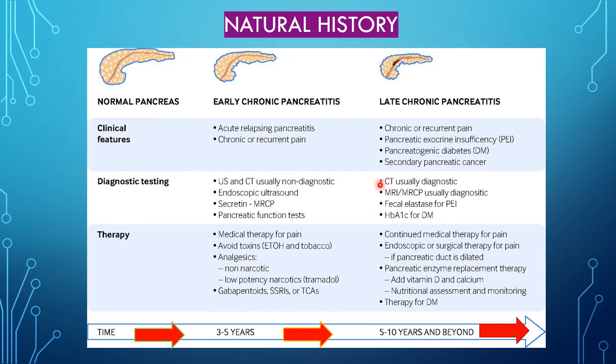So these are the tests that must be done for late chronic pancreatitis. The treatment for these patients includes continued medical therapy for pain, endoscopic or surgical therapy for pain, especially if the pancreatic duct is dilated or strictured, pancreatic enzyme replacement, adding vitamin D and calcium, and nutritional assessment and monitoring. And of course, proper treatment for diabetes mellitus.